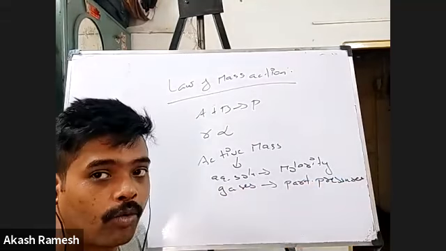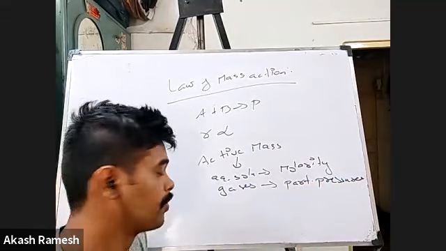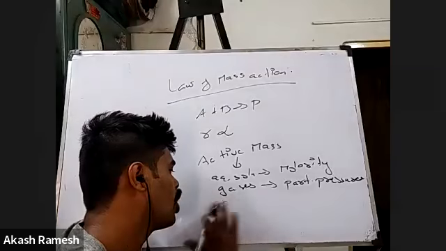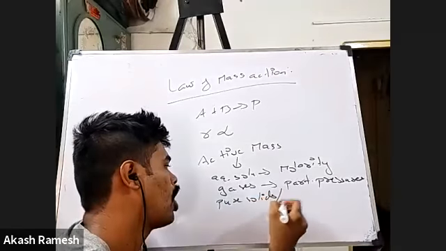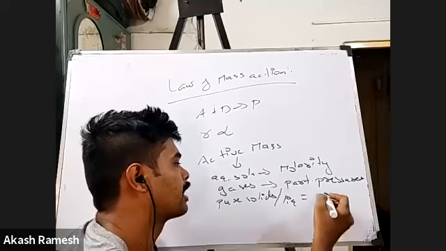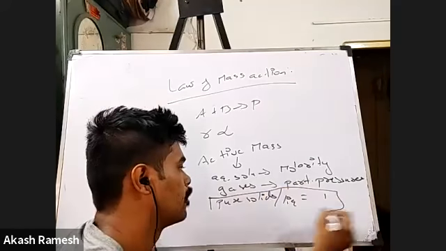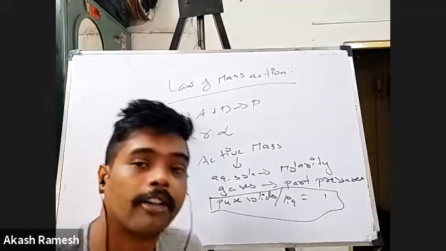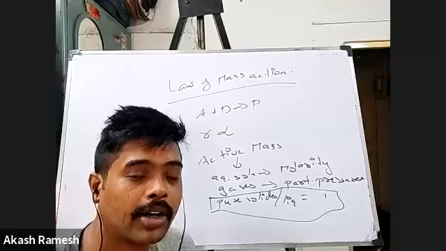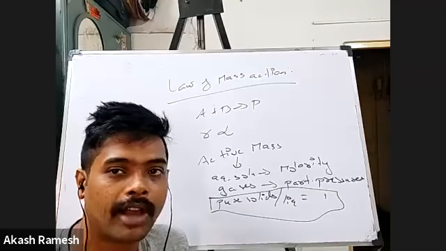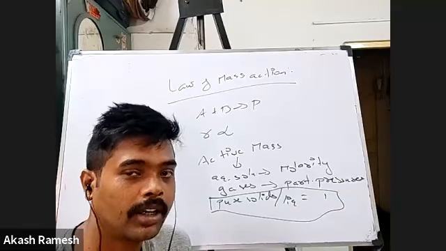And one important thing you have to know is that when I have pure solids or pure liquids, their active mass value is 1. Please understand this. Whenever you have pure solids or pure liquids, I do not include them in my equation. Basically, I just put the value as 1.